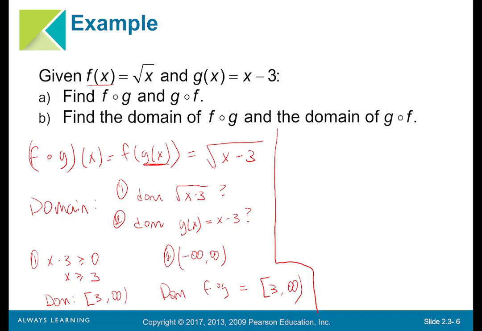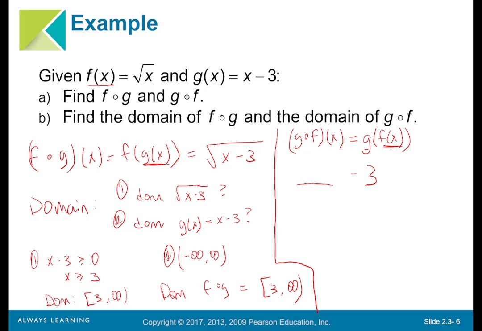So now let's look at g composed with f. So if I have g composed f of x, now I'm looking at g of f of x. Okay, so I got to plug in f inside of g. Well, g is this x minus 3, so I'm going to do that kind of blank minus 3 idea.